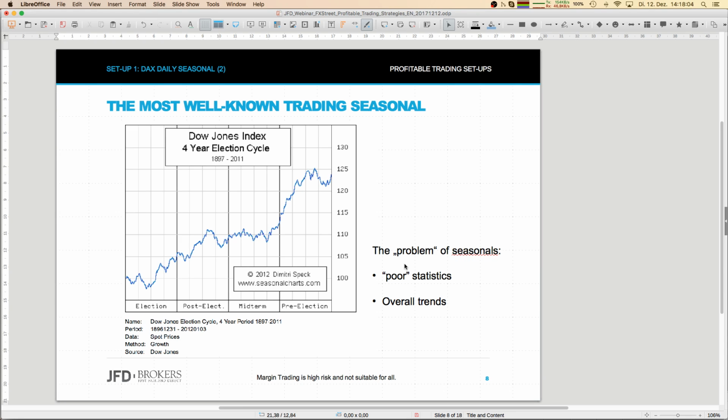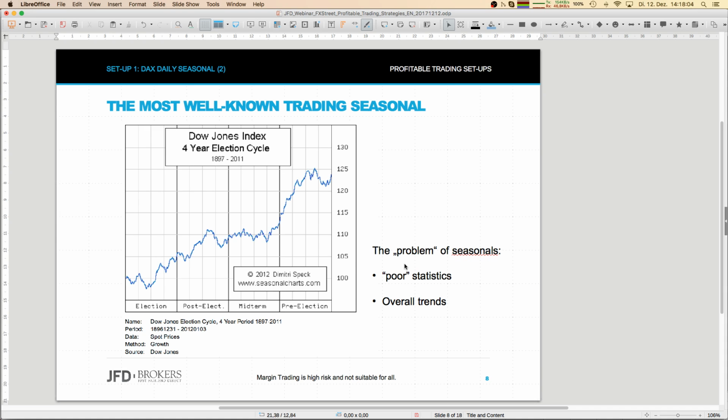And what you can clearly see is the midterm year is a year with more or less no change. The pre-election year, for the first half of the year, you see a straight move to the north. And you can see similar things in the post-election year here. So we can use that kind of information as a bias for our trading activities.